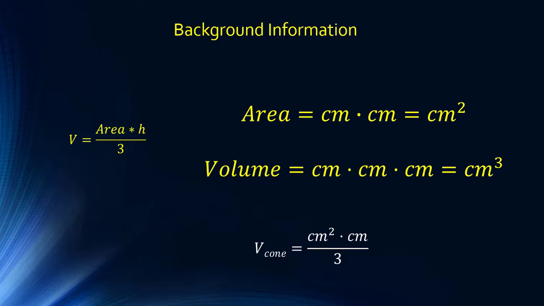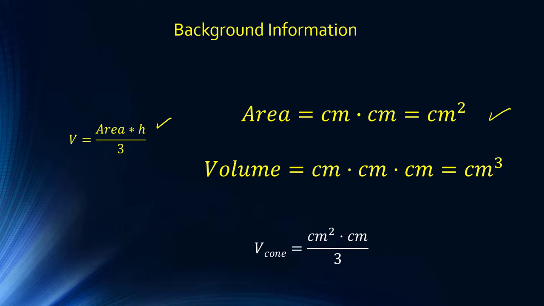In the previous slide, we saw that the volume equals the area times the height divided by 3. And as a reminder, whenever we get an area, it'll have units of length squared. So if we're talking about centimeters, it would be centimeters times centimeters.